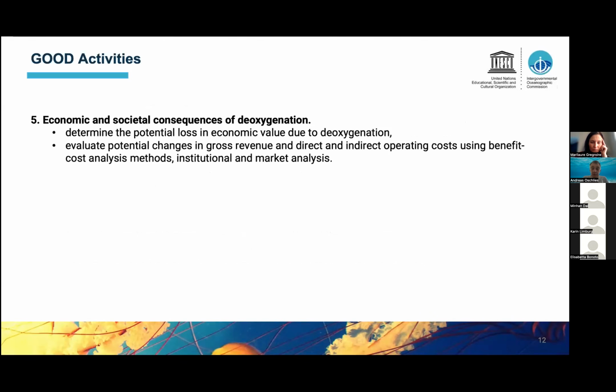So this goes to gross revenue and direct and indirect operating costs. It's not only what we do along the coast, but there are co-benefits and co-costs going down or up the societal pathways.